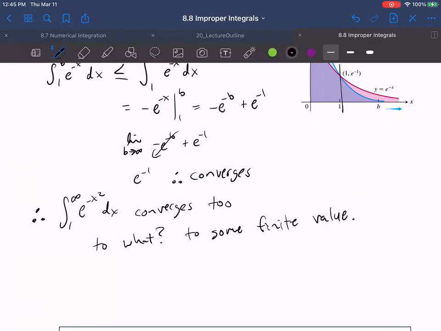Don't know what it is. But we know it converges, so therefore it would be worth actually doing the integral somehow.